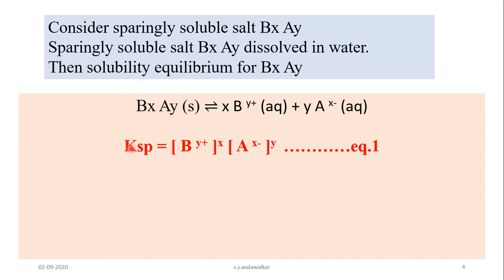So KSP for this particular equilibrium reaction is the molar concentration of B raised to x, where x is the coefficient of B in the equation, so x moles of B ions are there, multiplied by the molar concentration of A ions raised to y, because y indicates the number of moles of the A ion.